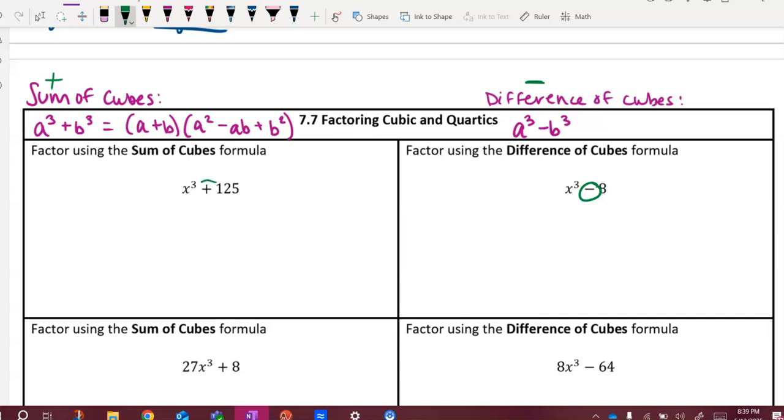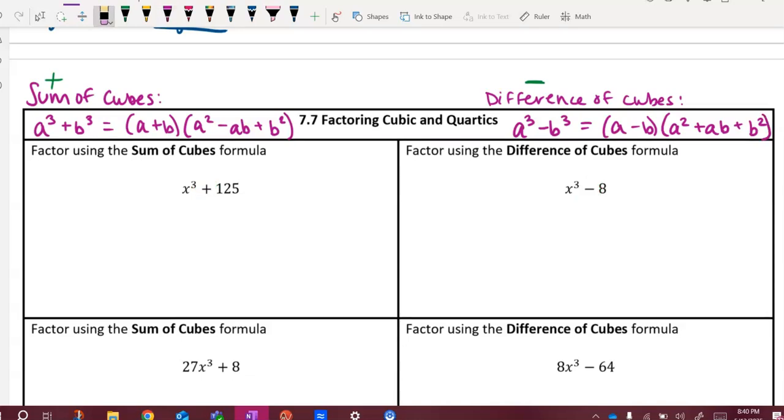We look at the sign. Are they subtracting or are they adding? So difference of cubes, we have a cubed minus b cubed. That's what we start with, and we can factor that into a minus b times a squared plus a times b plus b squared.